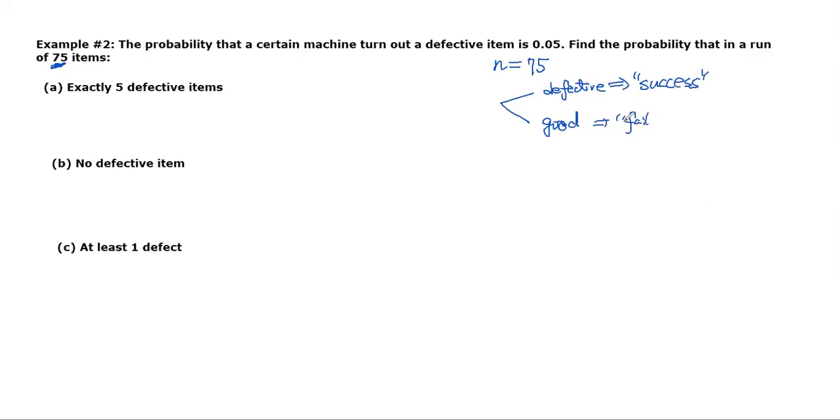It sounds weird, but we said it doesn't matter which one you define as success or failure. It depends on your interest. The probability of getting a defective is 0.05. Now we want to find exactly 5 defectives, so this is x equal to 5.